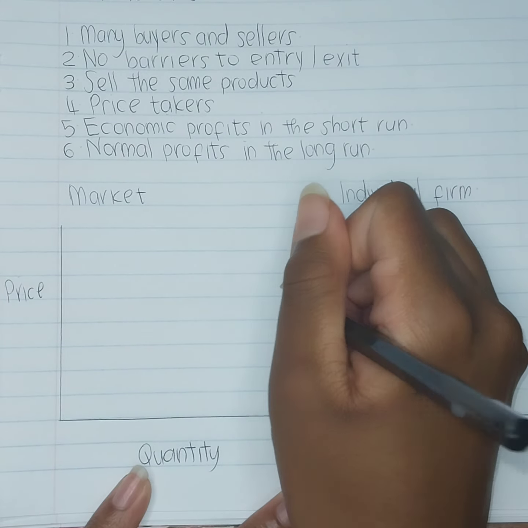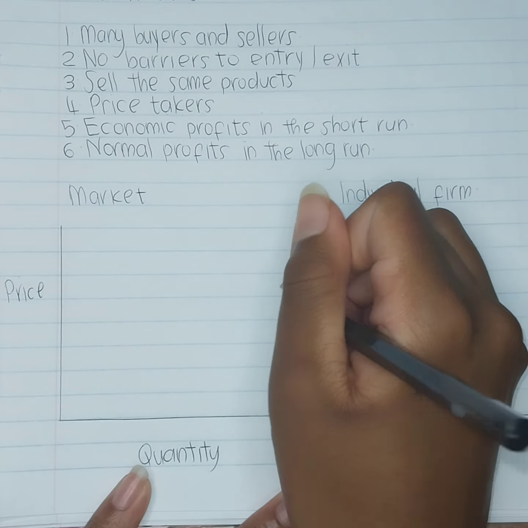Because there are so many buyers and sellers, a single individual firm cannot influence the price. Imagine there are a trillion buyers and sellers. As one individual firm, you won't be able to set your own prices. If you dare to increase your prices, you are going to lose your customers.